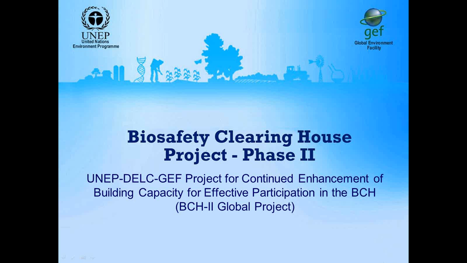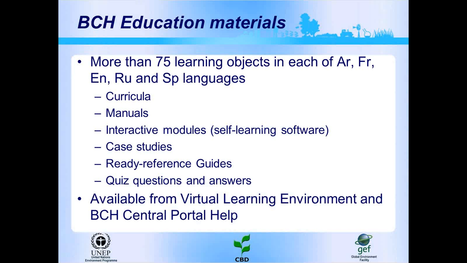As Ileana said, there are two big pillars for the BCH capacity building projects. One of them is the regional advisors systems, and the other very important pillar that we have been developing since 2005 are the BCH education materials.